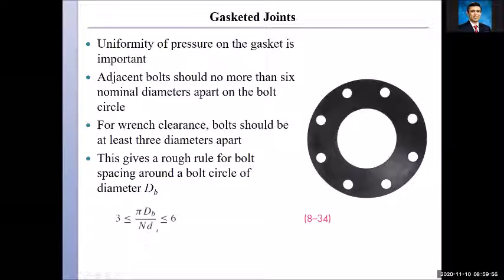So you can see this is like 3D and 6D, and we want to make sure that the distance, I take the perimeter, pi dB divided by n, must be greater than 3D and must be less than or equal to 6D, to ensure that the pressure on the gasket is uniformly applied.